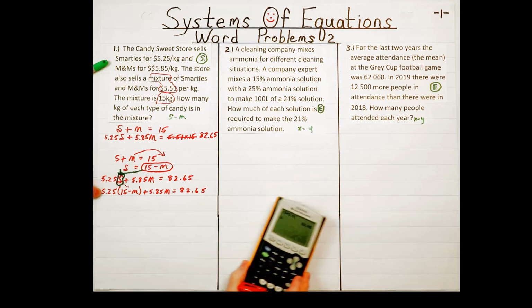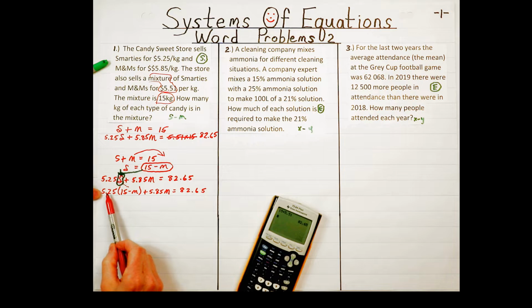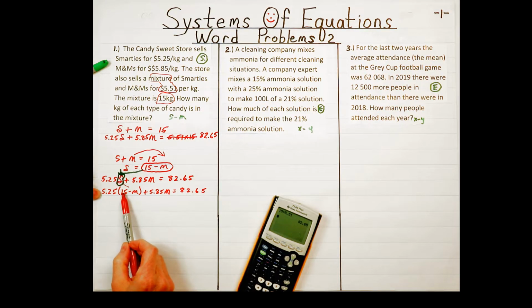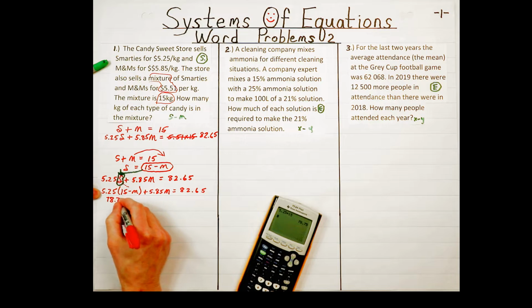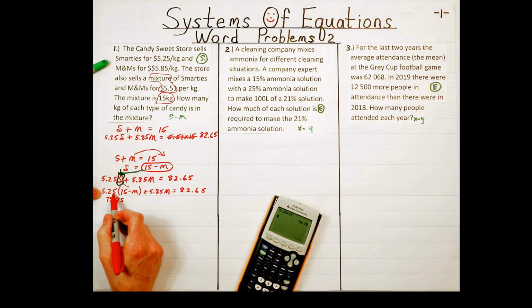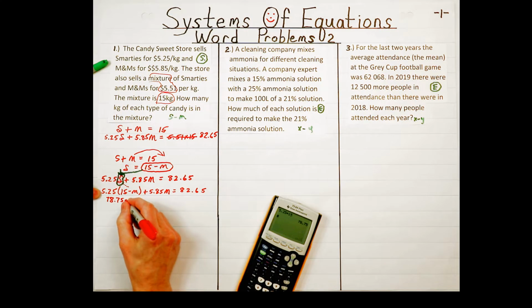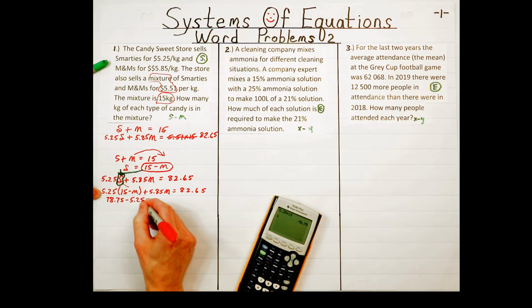Okay, so now I'm going to multiply $5.25 by everything in the bracket. 525 times 15, 7875, and 525 times minus m is minus 525m.